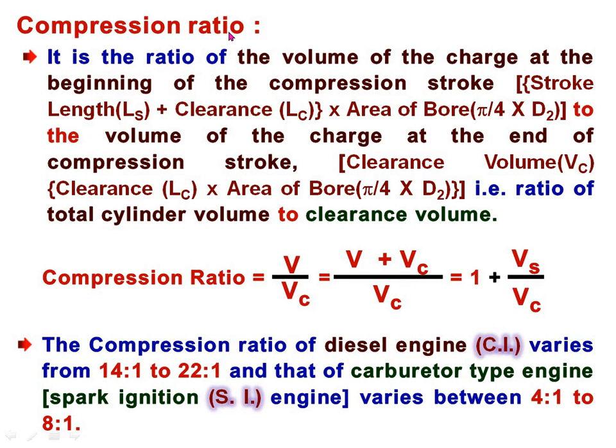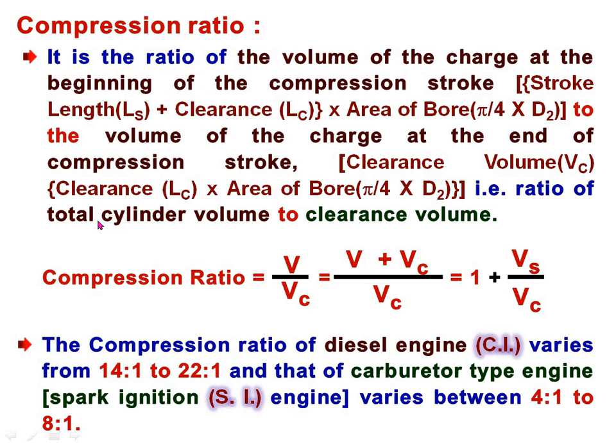Now in language we can represent it as the ratio of the volume of the charge at the beginning of the compression stroke, that is stroke length plus clearance length Lc multiplied by cross sectional area of the bore, pi by 4 d square, to the volume of the charge at the end of the compression stroke, that is clearance volume Vc, which is equal to the clearance height Lc multiplied by area of the bore pi by 4 d square.